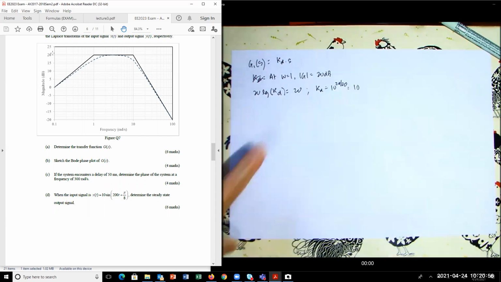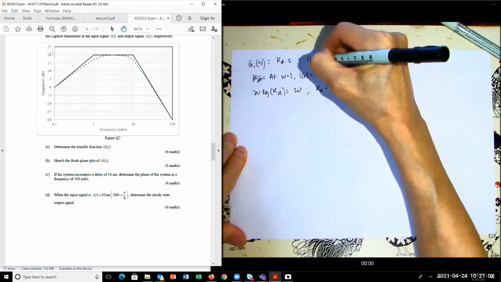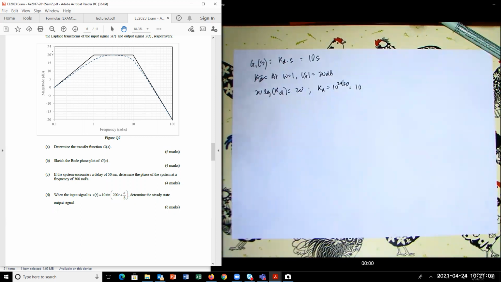So G1 will be 10S. That's how you determine the differentiator gain KD.